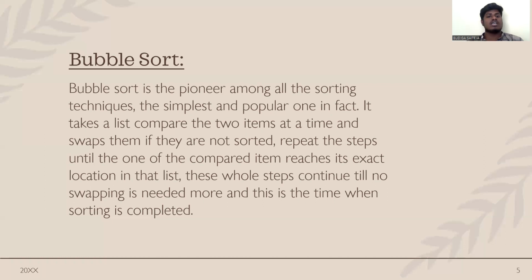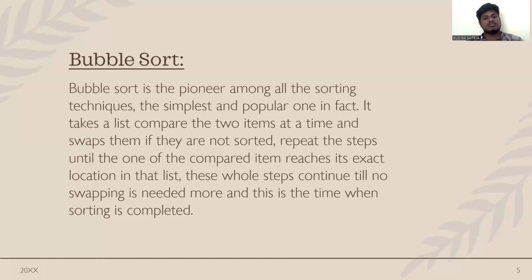If one of the compared items reaches its exact location, it checks the location of each value. If it reaches the exact location, it will stay there. Otherwise, it will repeat the steps until the compared item reaches its exact location. These steps continue until no swapping is needed.